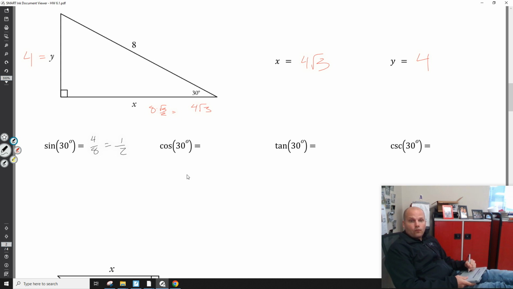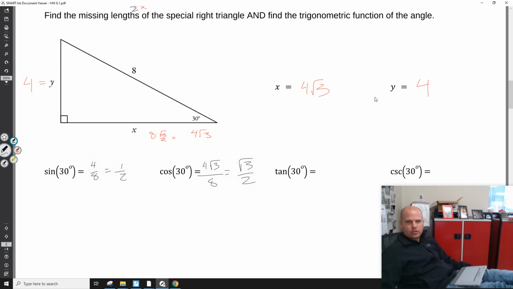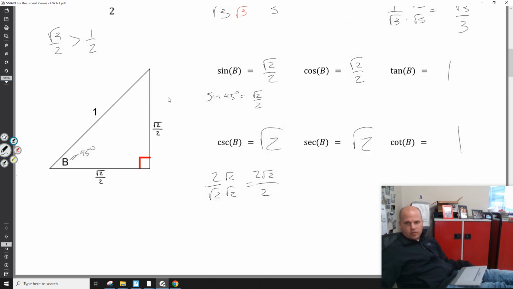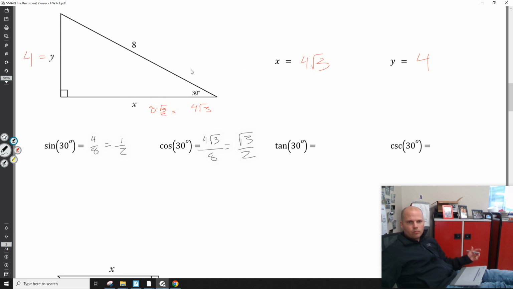Cosine, 4 root 3 is the adjacent side. 8 is the hypotenuse. Oh, root 3 over 2. Of course. Yeah, it's a 30, 60, 90 triangle. That's root 3 over 2, just like this root 3 over 2 would have to show up. Tangent of 30. Tangent is opposite over adjacent. It would be 4 over 4 root 3.